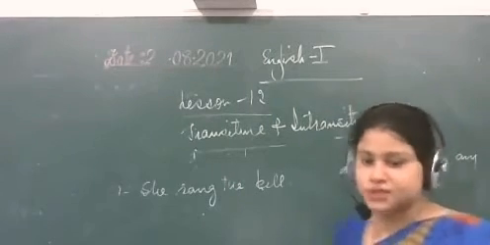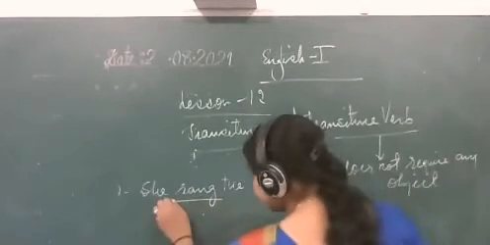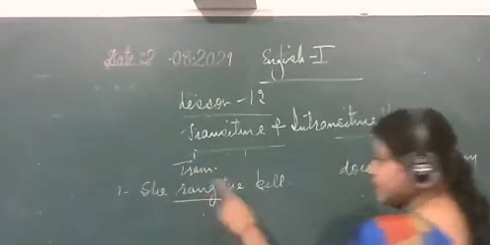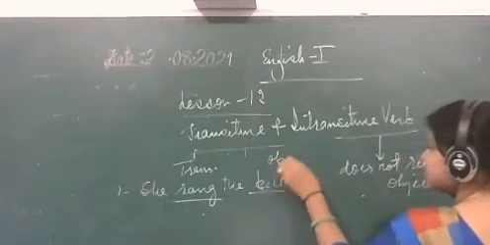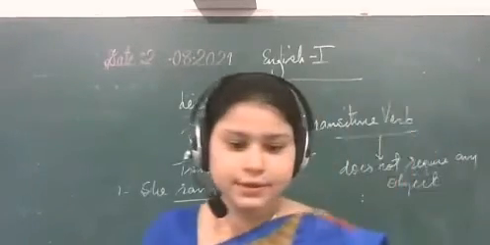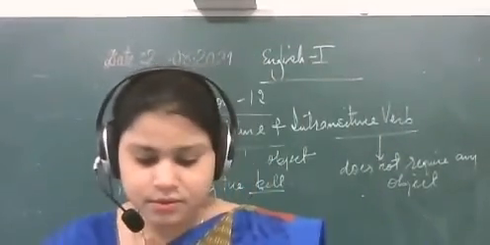The object. So here you have to simply underline it. You will write here transitive, that is transitive verb. What about bell? About your bell, you will write object. Like that, you have to do in all the sentences. Clear? Now, what is the second one?